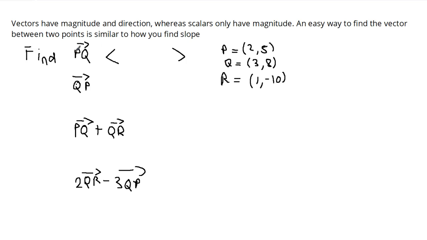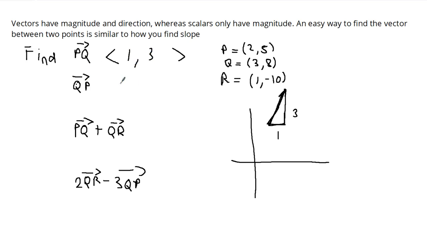So we have from P to Q. I'm going to kind of graph this. 2, 5 is about right here, and then 3, 8 is around right here. So if you have this arrow right here, this is our vector from P to Q, and the horizontal component change is 1, and the vertical component change is 3, so our vector is <1, 3>.